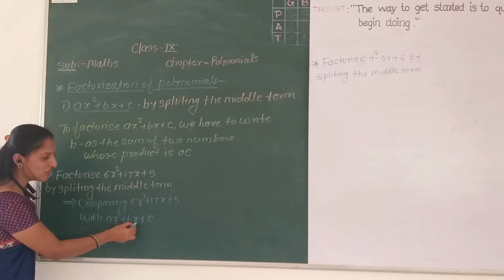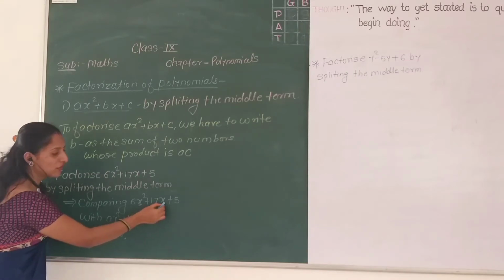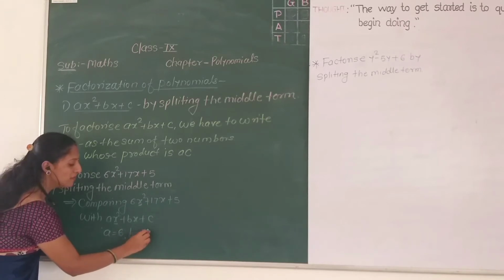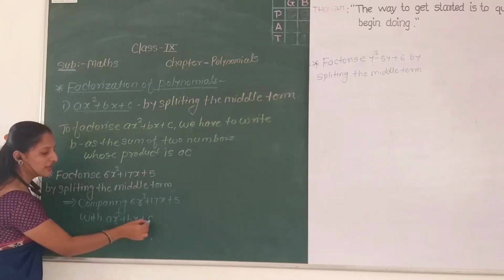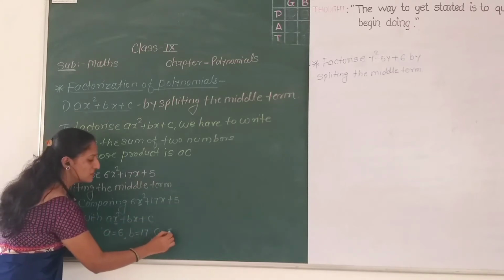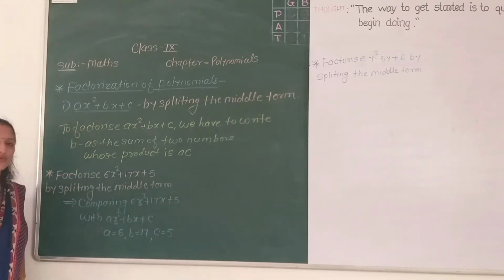The coefficient of x is b here and 17 there, so b is 17. The constant term is c here and 5 there, so c is equal to 5.